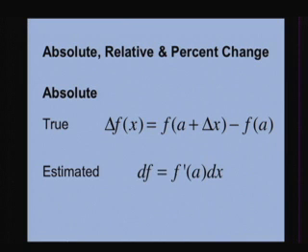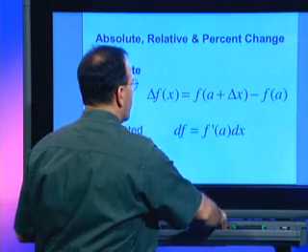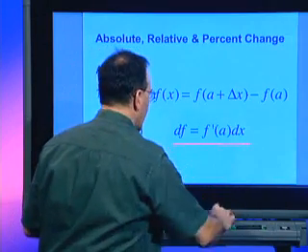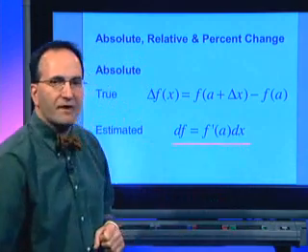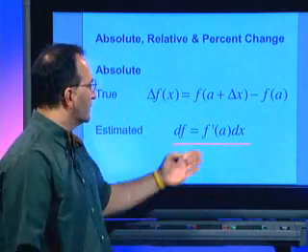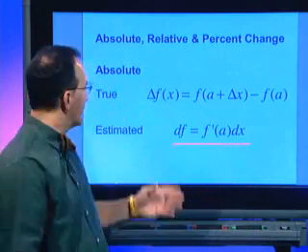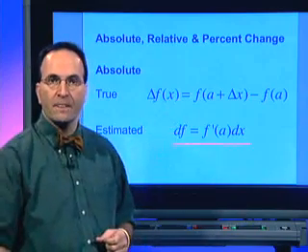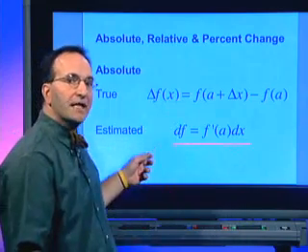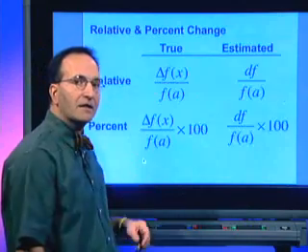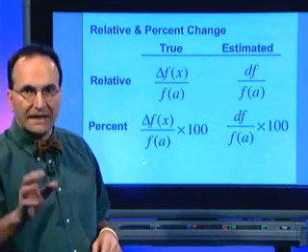But we can estimate that change by using df equals f prime of a times dx. So that will be an estimation of the true change. So that's absolute change. Let's take a look now at relative and percent change.